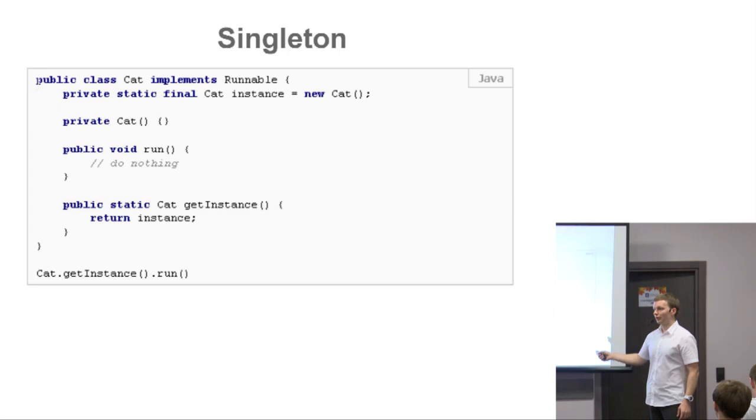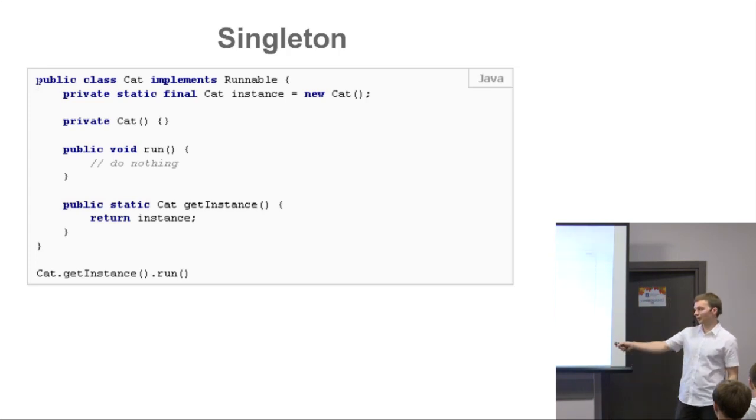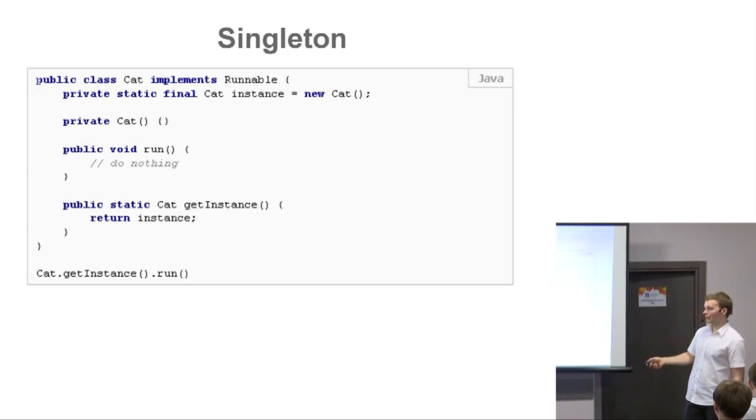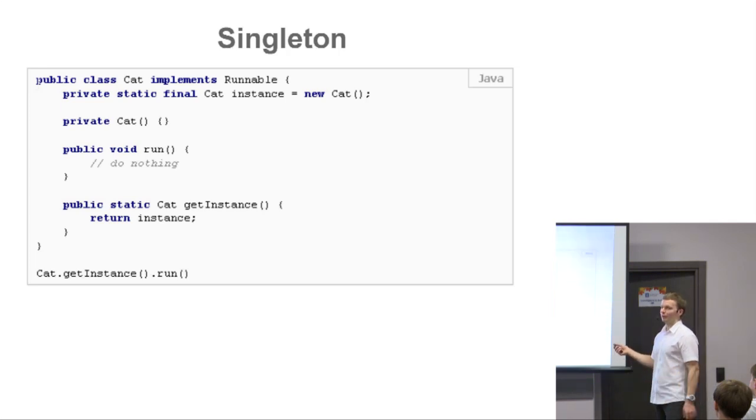And we use the getInstance method to get access to that single instance, and we can call the run method. There is nothing very complicated here, but again, if we need lazy initialization, we may resort once again to double-checked locking, and that can be complicated.